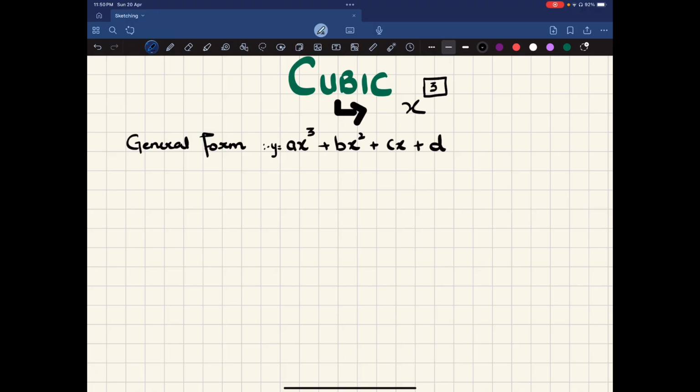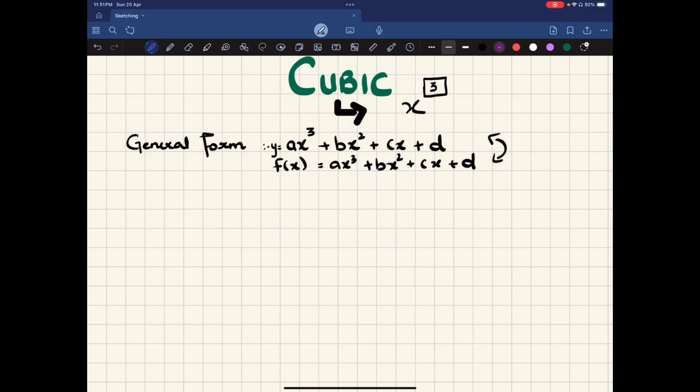This can also be written in function notation, exactly the same thing. Same graphs, everything is going to be the same. It is just another way to write the same thing. This is basically the expanded form.